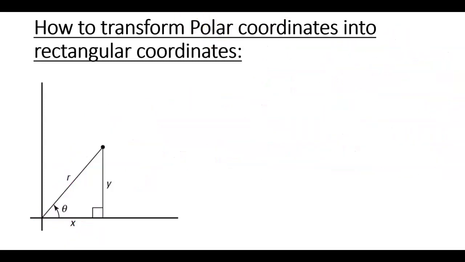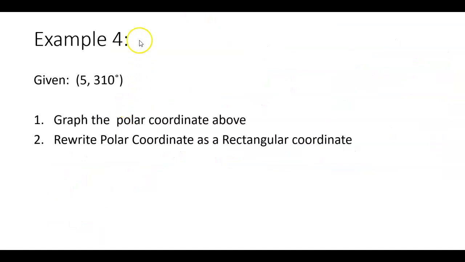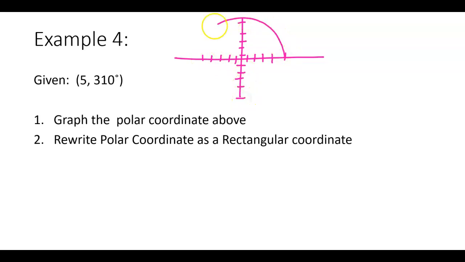All right, let's take a look at an example. Example 4. Graph the polar coordinate above. That's just a review question, but we'll do it real quick. I want to graph that, so I'm going to go out 5. I'm going to draw a circle that has a radius of 5, and then I'm going to draw my radius at 310 degrees.